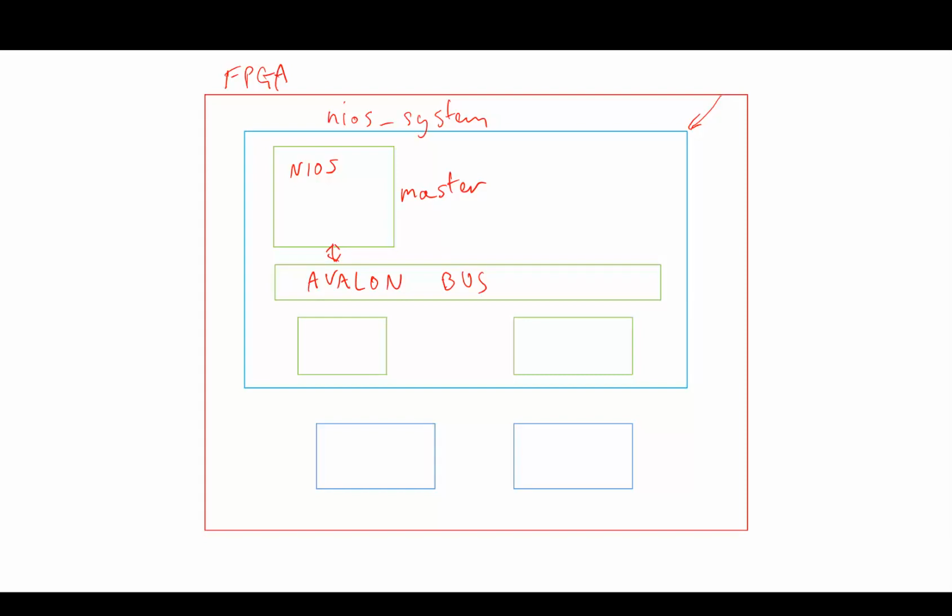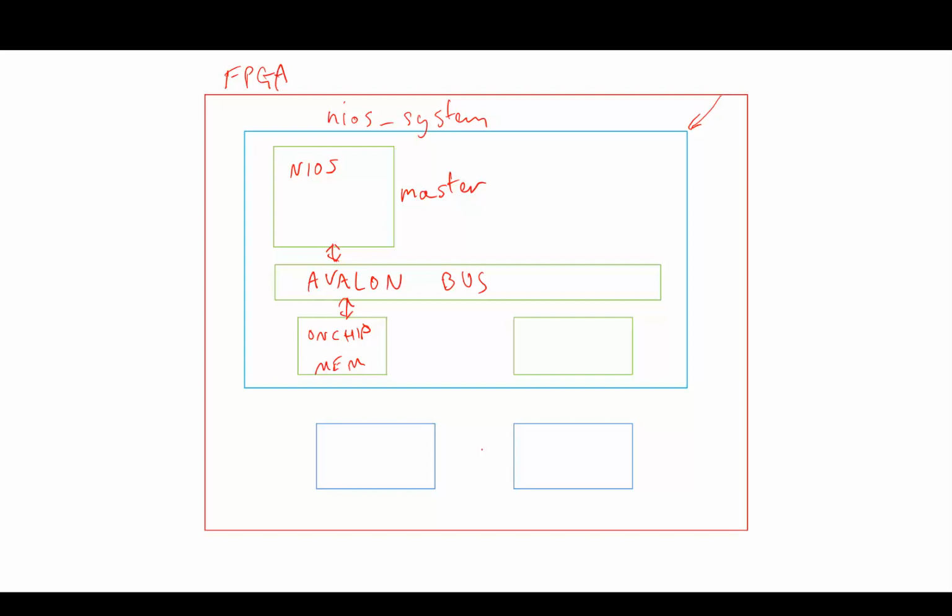So it will control transactions between itself and slave devices using that bus. One of the slave devices that is also connected to that shared Avalon bus is the on-chip memory, and that is where the instructions for the Neos processor would be stored.